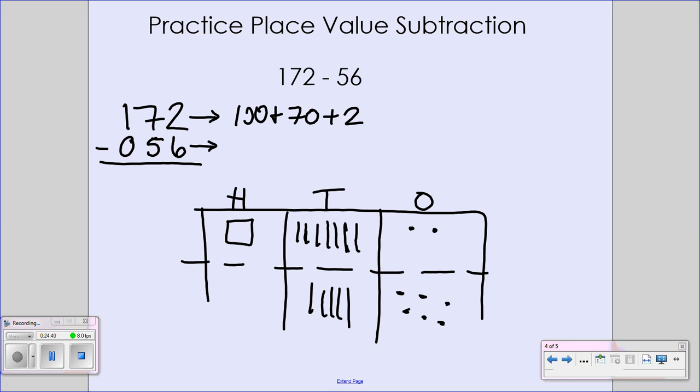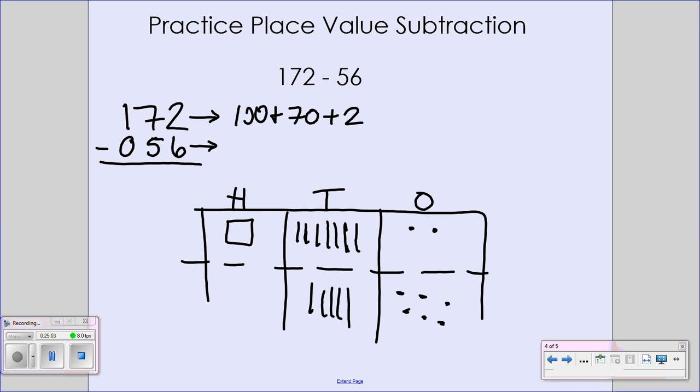If I put minuses in it, it's not going to be worth the same amount as 172, because 100 minus 70 is 30, minus 2 is 28. Is that the same number as 172? No. This is tricky. Even though we're subtracting, your expanded form still needs pluses.